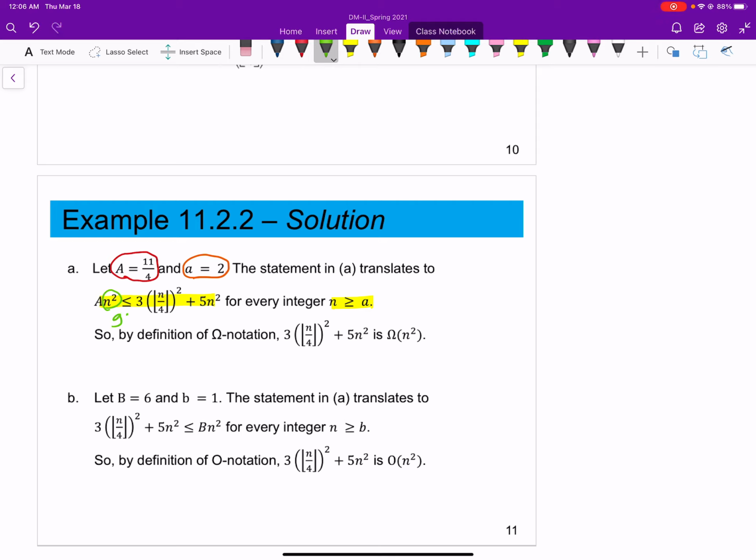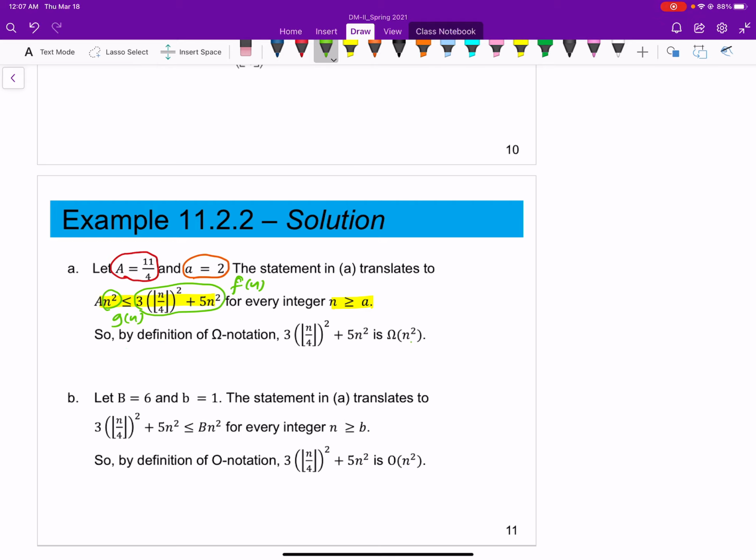Now this is like g of n, and of course f of n, which is right here, is bounded below. That's by the definition. That means by the definition, for this one you could write this function is omega of n square. N square is g here. This is very easy. We are just following the definition.